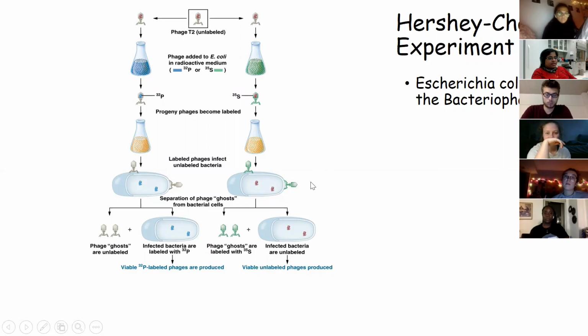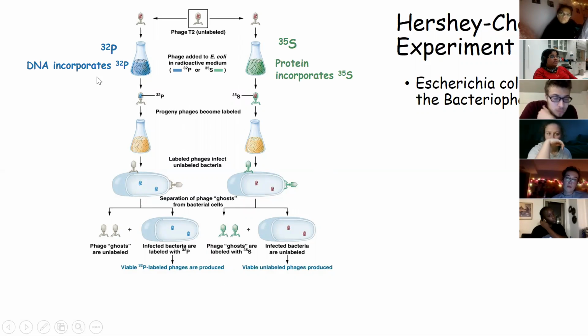Okay. So what is going on here with the Hershey and Chase experiment? What is the first thing they do? They infect the bacteria with the phage. Okay, the first thing they do is radioactively label DNA and protein, right?